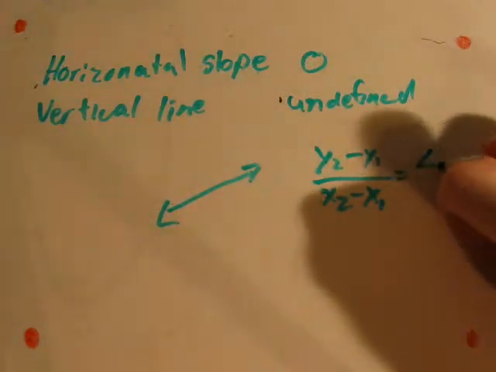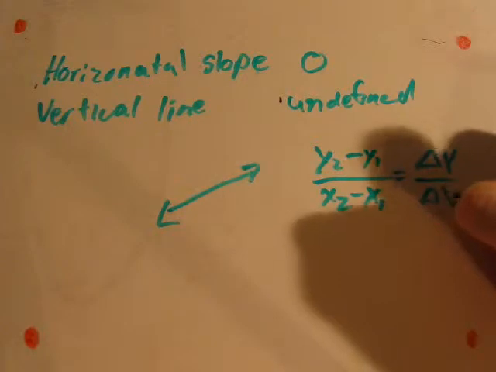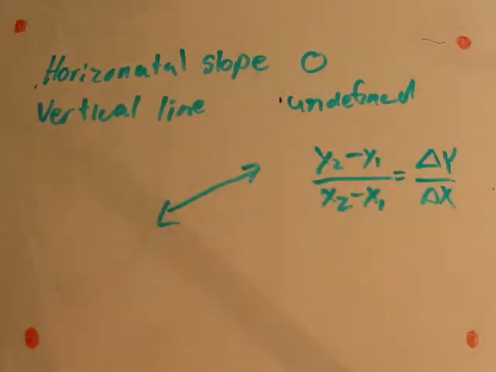It's also been shown as delta y over delta x. Now, for inclined lines, the slope is very important, and we generally want to know what it is sometimes.